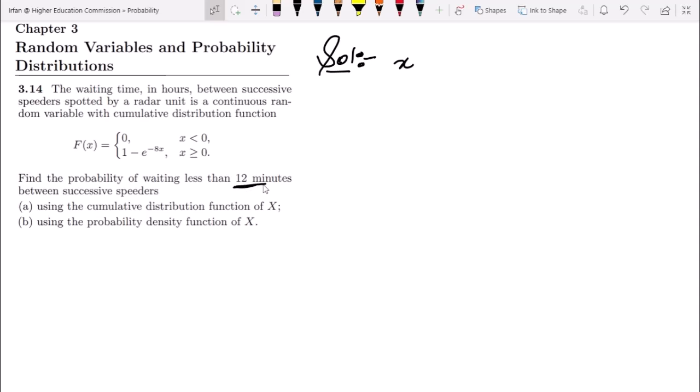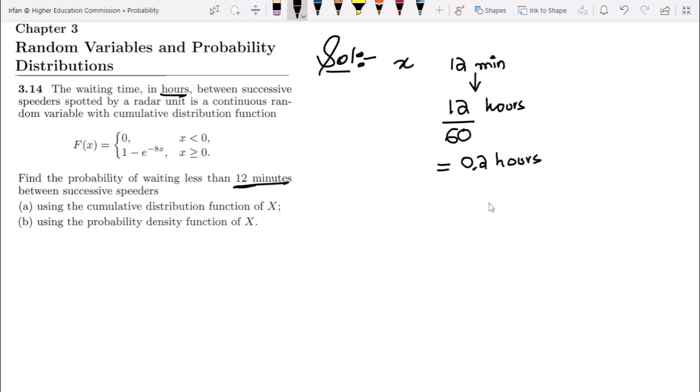This 12 is in minutes, but the distribution is in hours, so I have to convert 12 minutes into hours. I divide 12 by the total number of minutes in an hour. Here 12 divided by 60 is 0.2 hours. So this is what we have found.